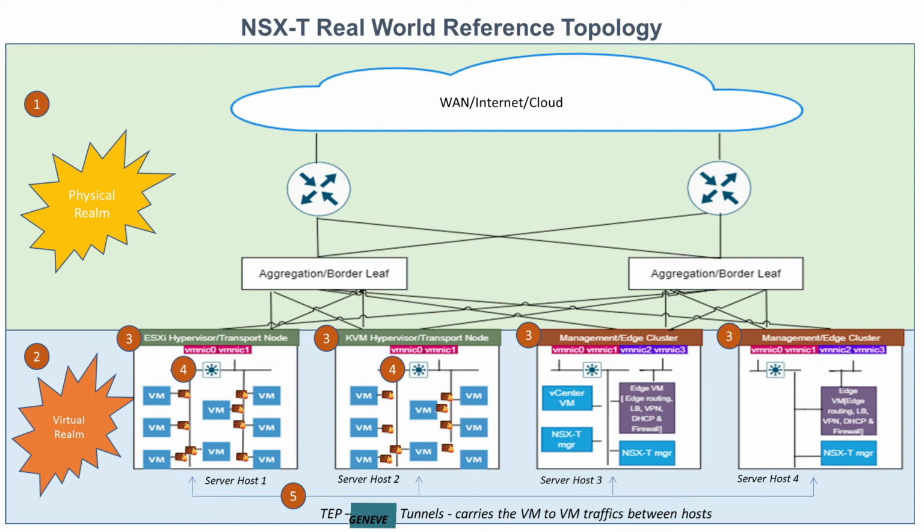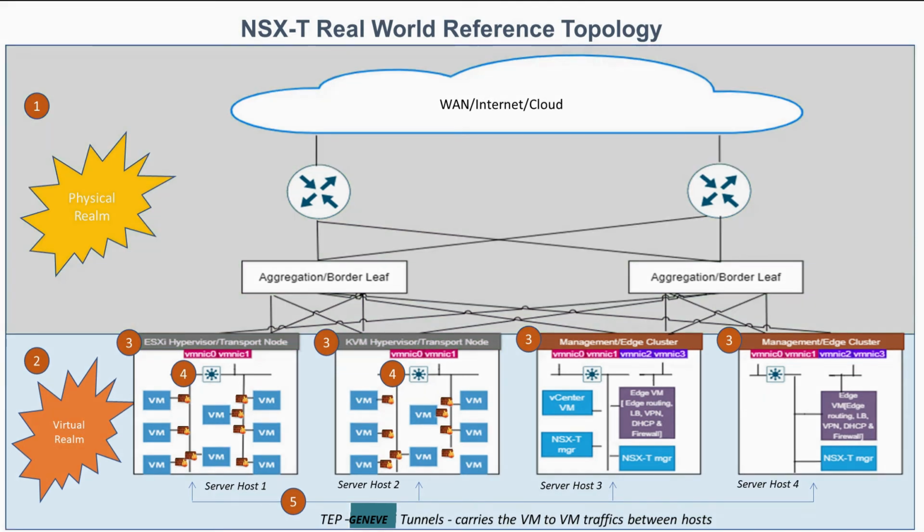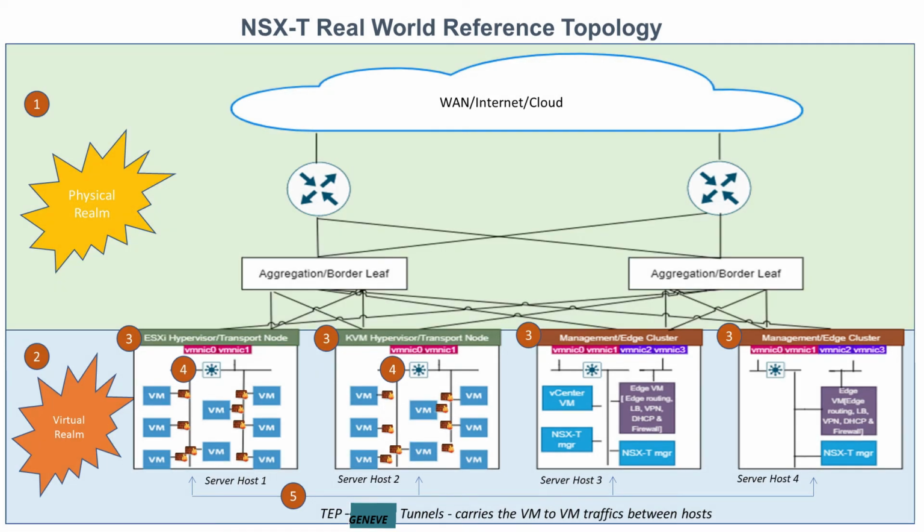So let's understand what is the function of TEP. The TEPs are really there to carry the VM traffic from a host to another host. And there are lots of other discussions there, like replication mechanism, how it sends the traffic to all the destination VMs, how the replication works, what is hidden replication, right? For sure, we will talk about this in my later session.